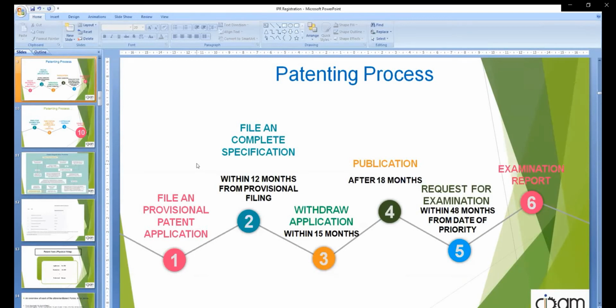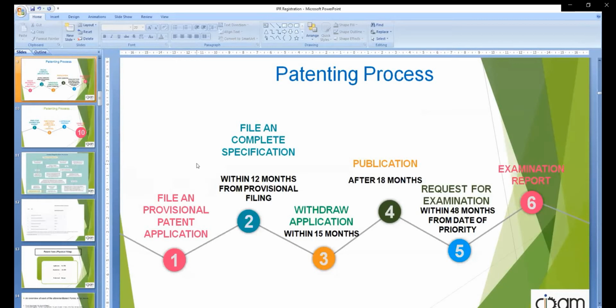Withdrawal of an application can be done within 15 months, and the application gets automatically published after 18 months if a request for early publication has not been made in Form 9. If an MSME or startup wants an expedited patent application, they can make a request for early publication and early request for examination. The request for examination must be made within 48 months from the date of priority.